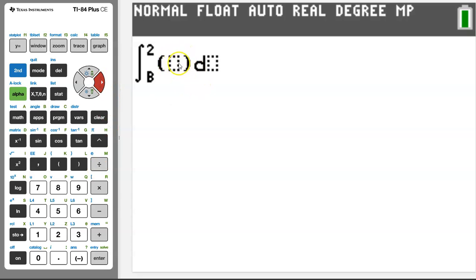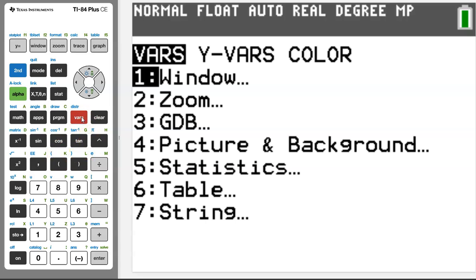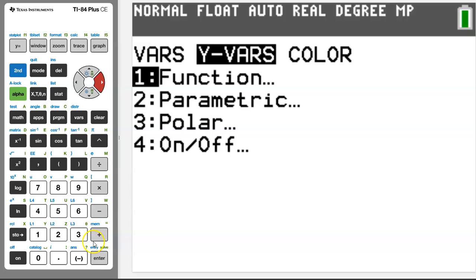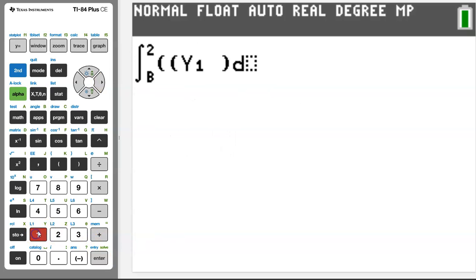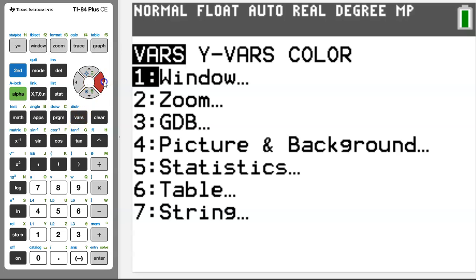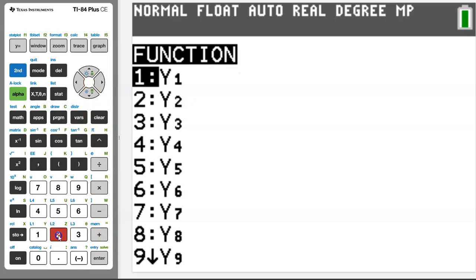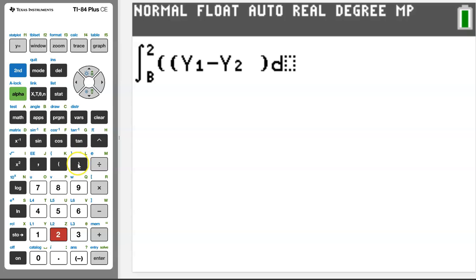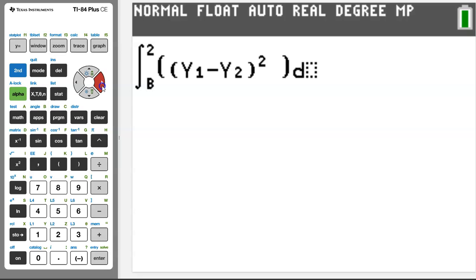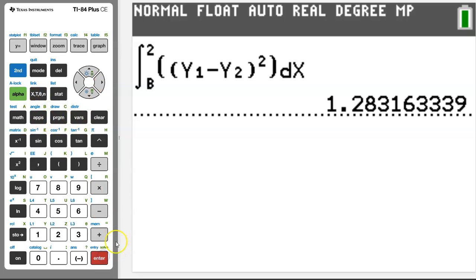We are squaring y1 minus y2, so I'm going to need some parentheses in here because I need to square later. For y1, I'm going to hit vars, y-vars, enter, and y1, and then minus vars, y-vars, enter, y2. Now close the parentheses and square it. And that's it.